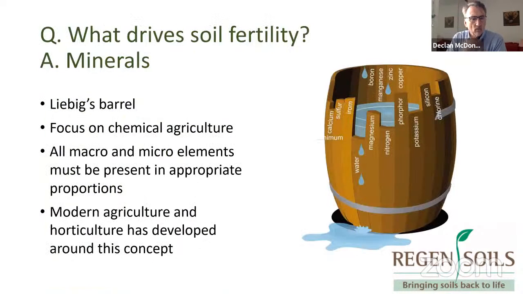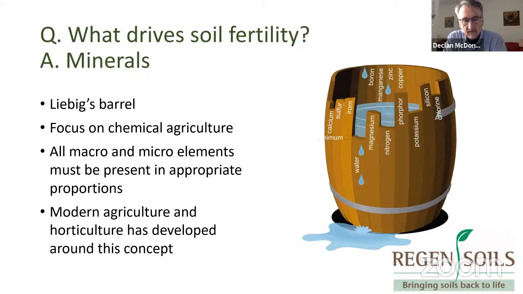So when we talk about what drives soil fertility, the simple answer is minerals, and I think the simplicity of this idea is what helped modern agriculture, if we call it chemical agriculture, to take off, because agriculture, post the Second World War, became dominated by chemicals.